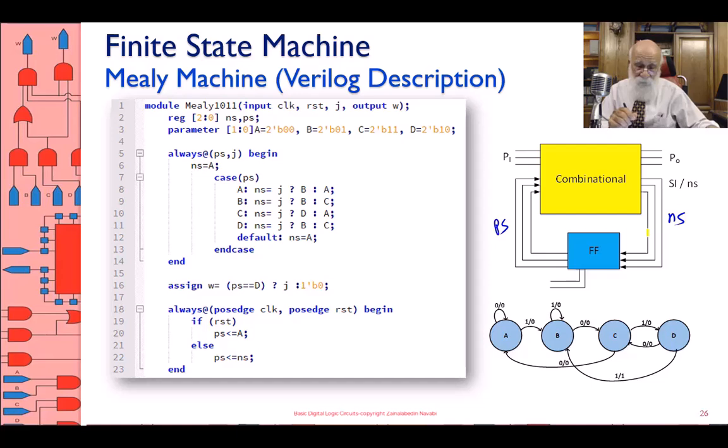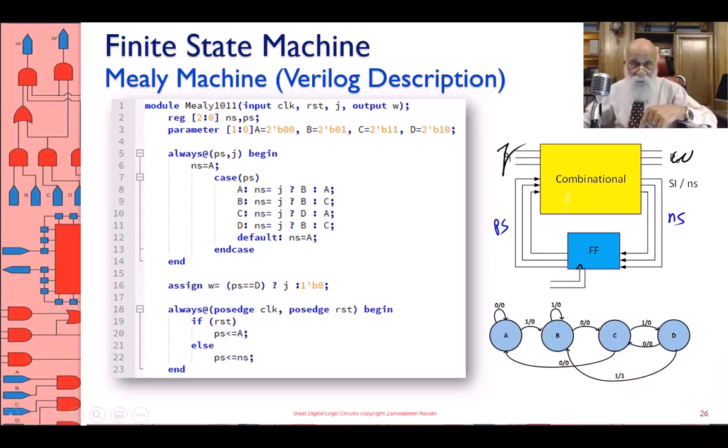Okay, and then for the combinational block, I have the primary input, which in this case is nothing but just W. Okay, this is W. This is my out. No, sorry. This is J. This is my output W. Those are present state and next state. And also down here, I have the clock and the reset, which I don't really interfere with.